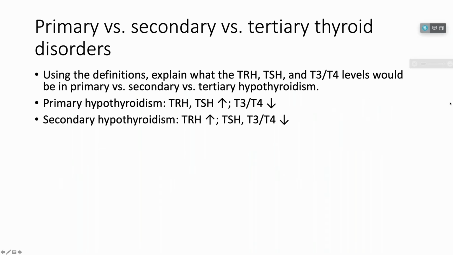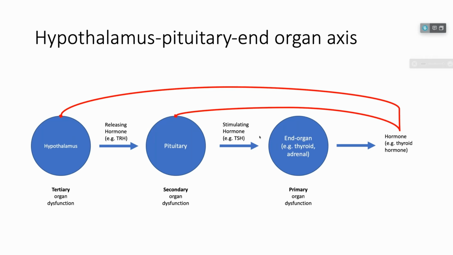Great. Exactly. And then let's go to Jason. Finally, tertiary hypothyroidism, what would be the lab values, Jason? Okay, in tertiary, let's go in order. We're going to have an issue with the hypothalamus. Great. So that's where our issue is, and so our TRH is going to be low.